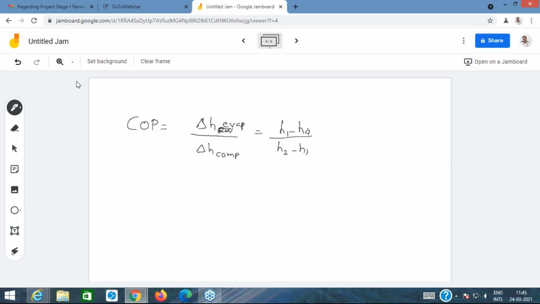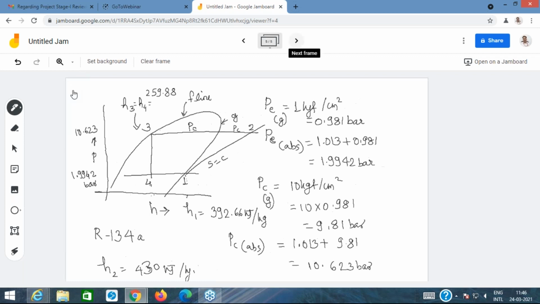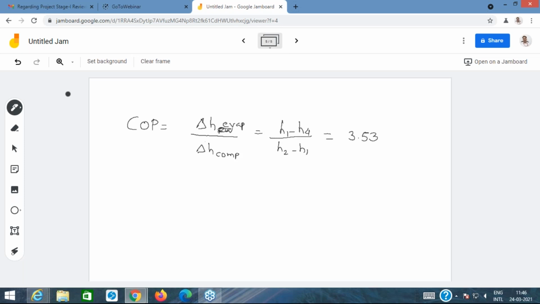Putting these values, you get the coefficient of performance as about 3.5. You can convince yourselves. If you are getting a different answer, let me know. H1 is 392.66, H2 is 430 point something, H3 is 259.88, and it is equal to H4. Knowing these values, you will get the COP of the VCR cycle.